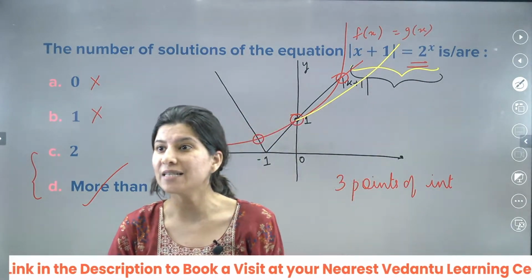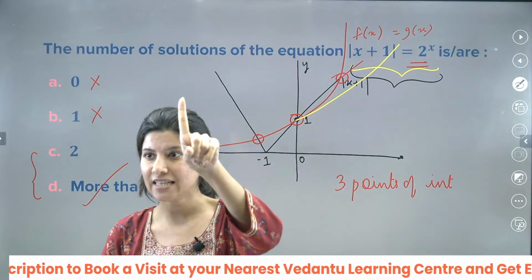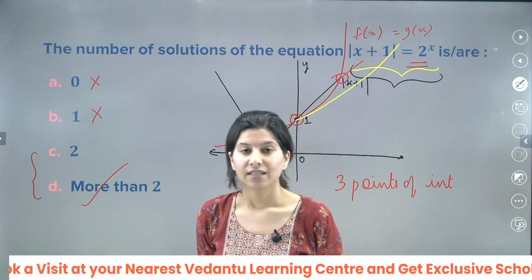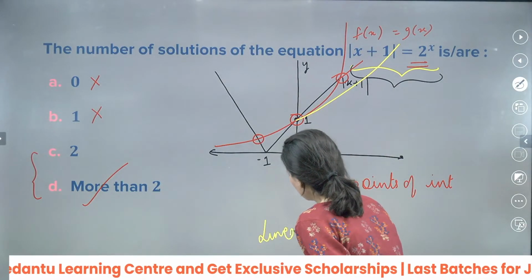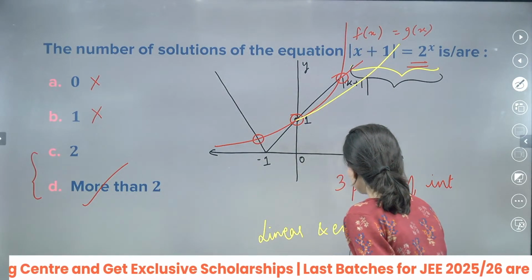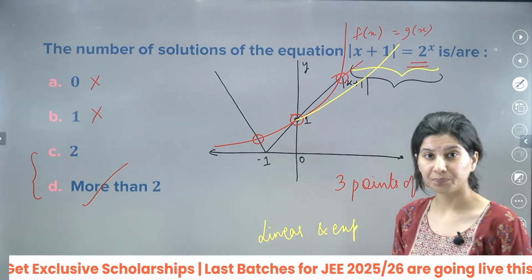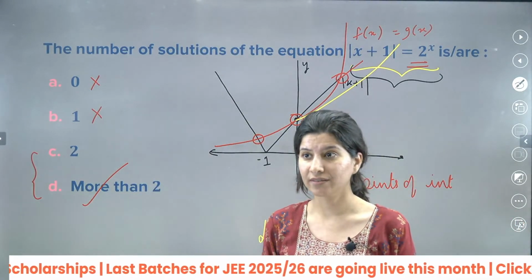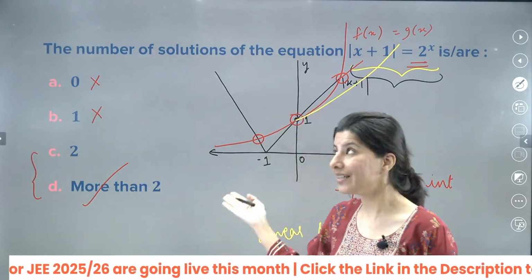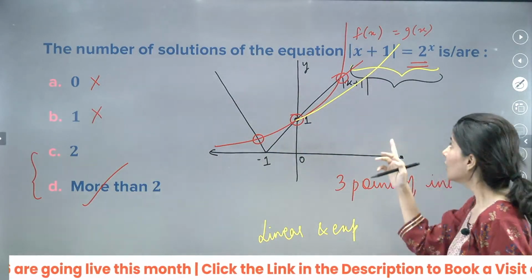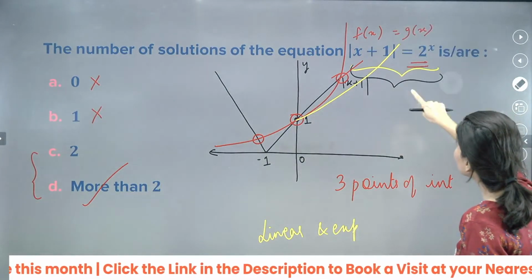No, just tell me one thing. Linear and exponential, which one is bigger in the long run? They don't meet at infinity. They will meet right here at a finite point. So this graph I am rejecting. Why?